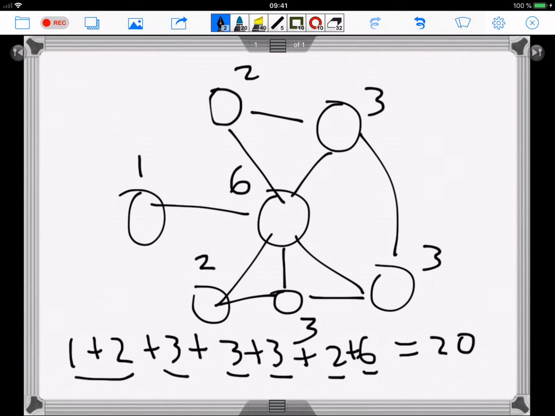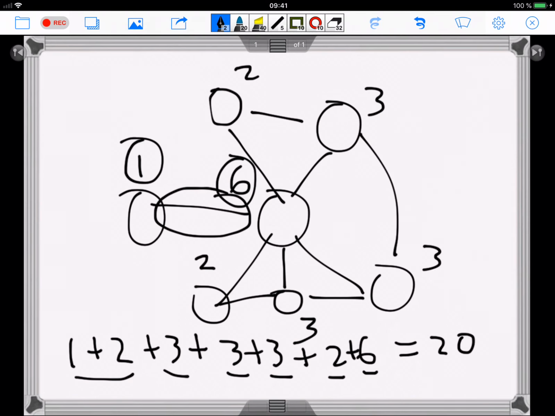So for instance, this edge here contributes both to this degree and to this degree. Okay, so each edge is counted twice, once in one of the extremes of the edge and another time in the other degree.